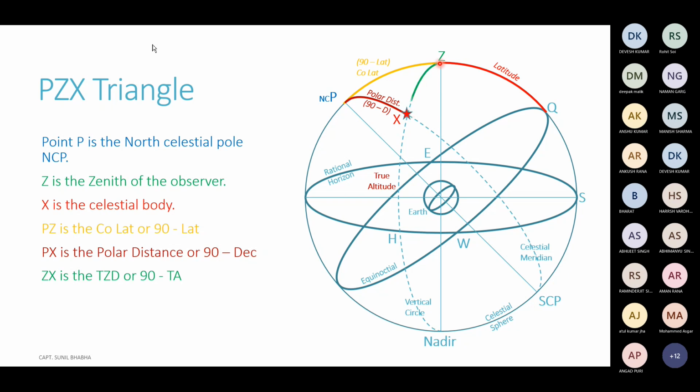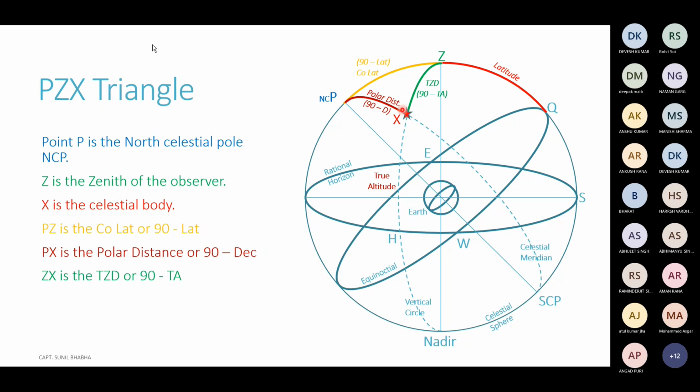In short, TZD of the body. So I have highlighted this side in green color. Let's label it as the true zenith distance, TZD, and it is equal to 90 minus true altitude. So 90 minus true altitude, the side is the TZD, the true zenith distance, and it is represented as the ZX side of the PZX triangle.